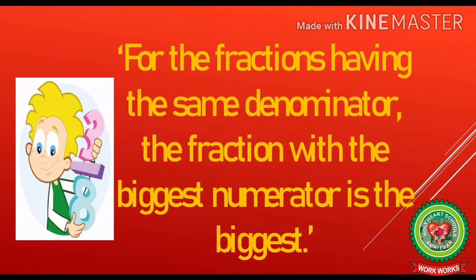order. For fractions having the same denominator, the fraction with the biggest numerator is the biggest fraction. Let us take one example: 3 upon 9, 7 upon 9, 5 upon 9, 6 upon 9.